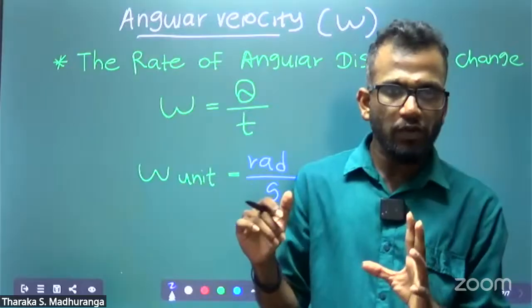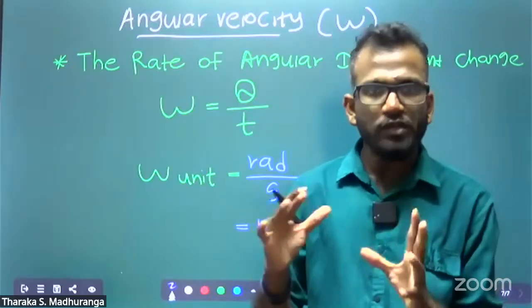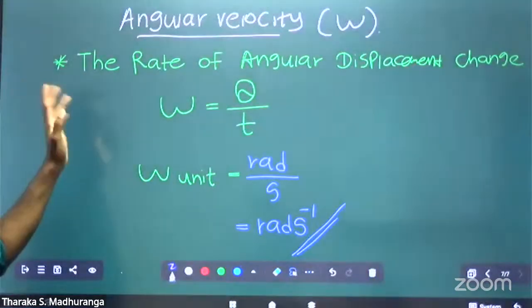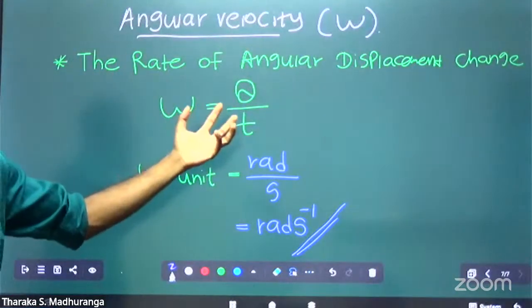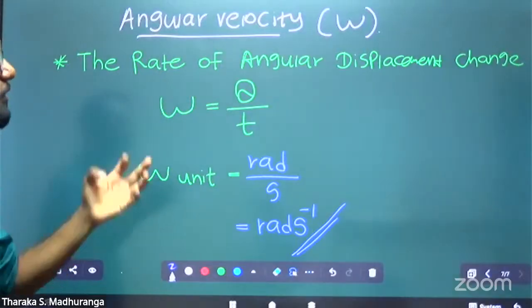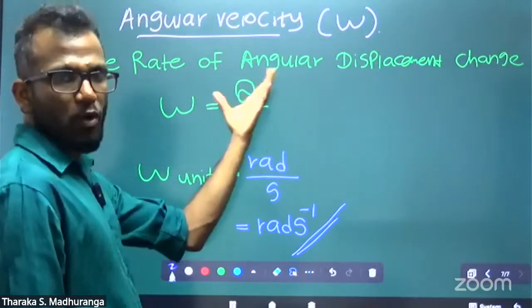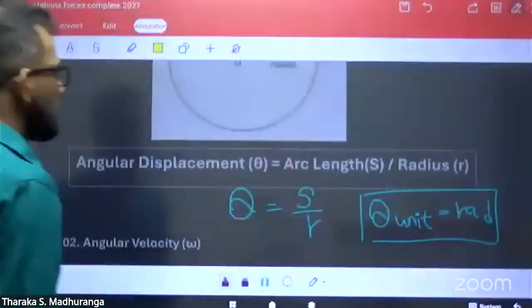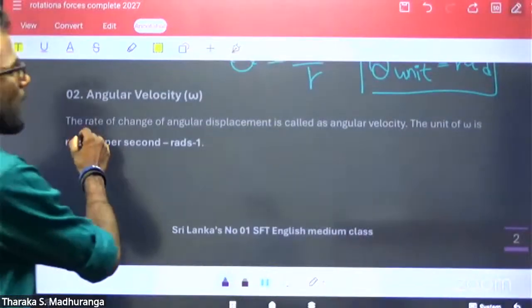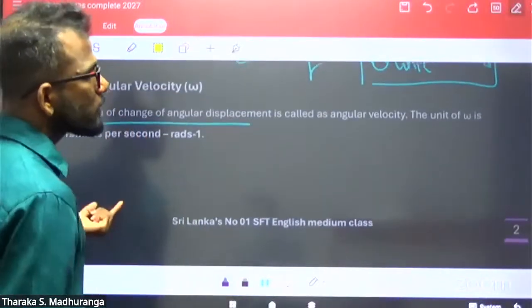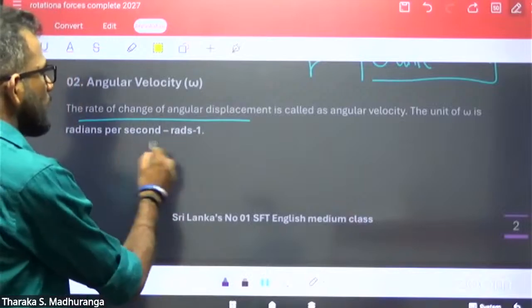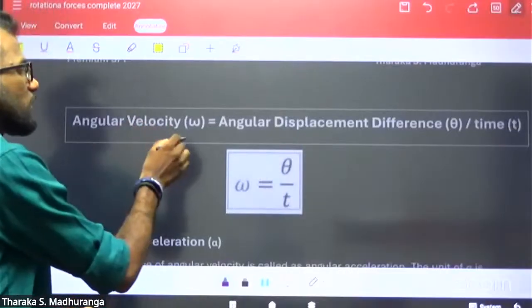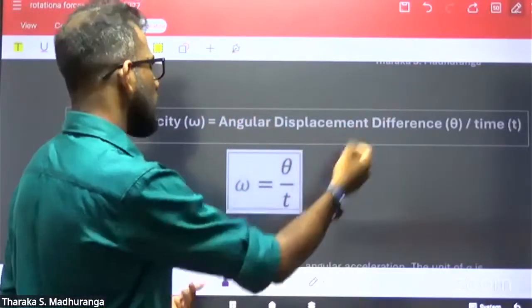Omega equals angular displacement theta divided by time t. Okay, let's move into the tute. The rate of change of angular displacement is called angular velocity. The unit of omega is radians per second.